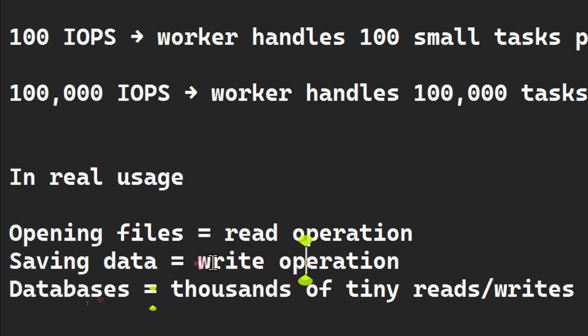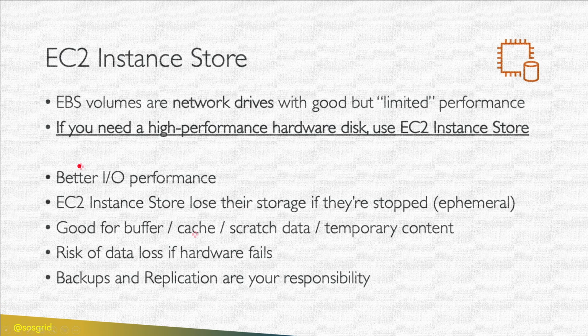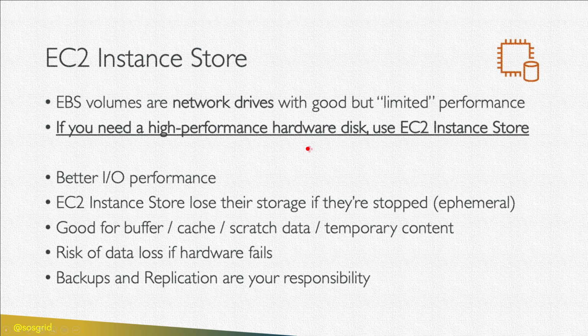Databases are also an example, where you can always read or write. Since we are using the EC2 instance store, it has better input or output, because it's a high performance disk.